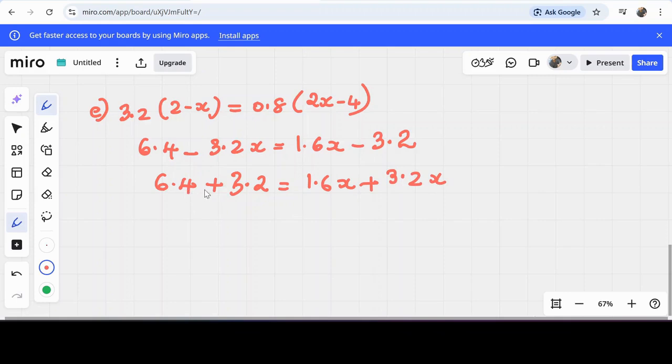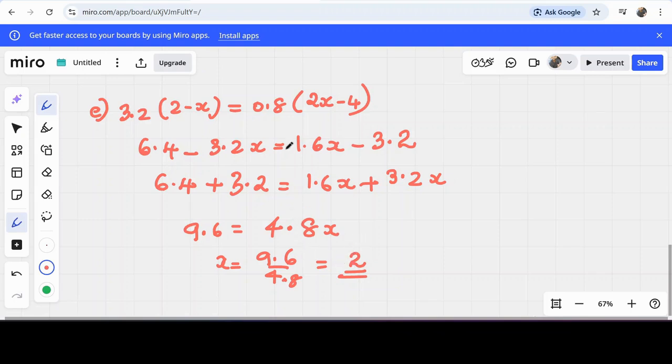Okay, so 6.4 plus 3.2, we know that it's 9.6, which is equal to 1.6 plus 3.2, which is 4.8x. Then x is equal to 9.6 divided by 4.8. Here we know that after the decimal the same number of digits is there, so just divide. So 96 divided by 48, we will get 2. So that's the answer for E.